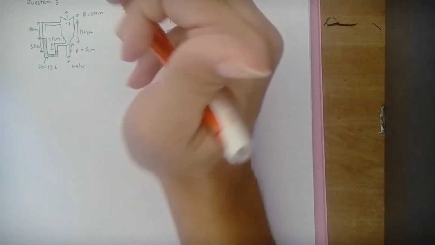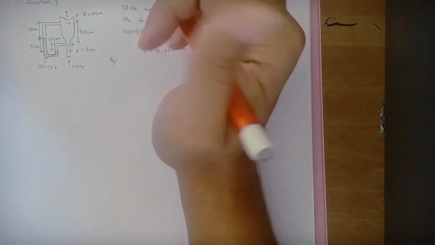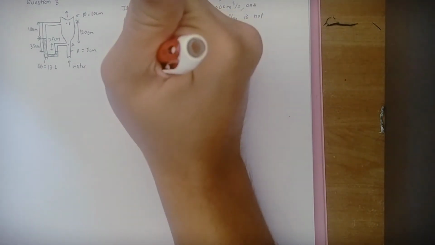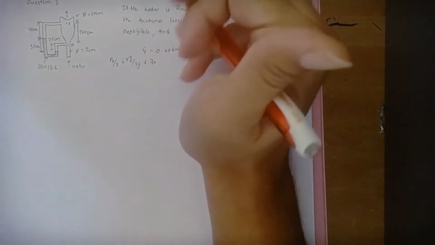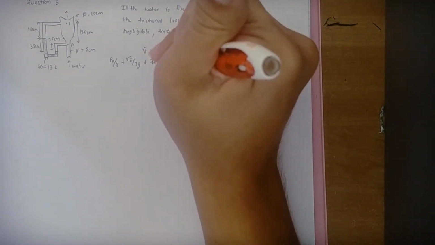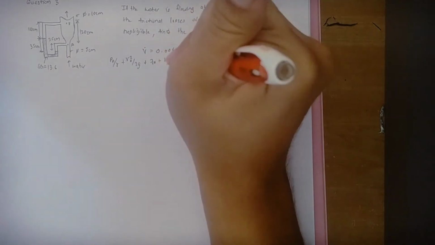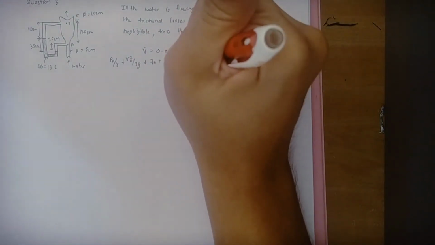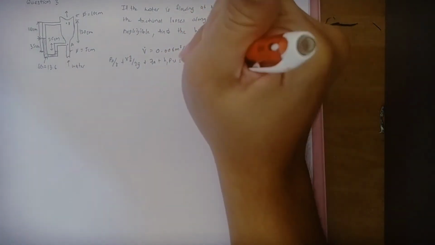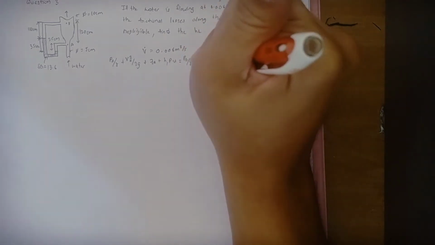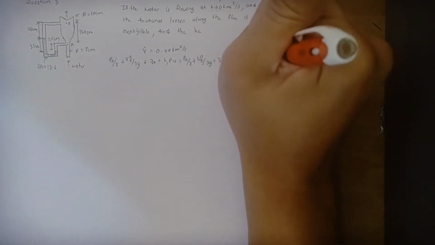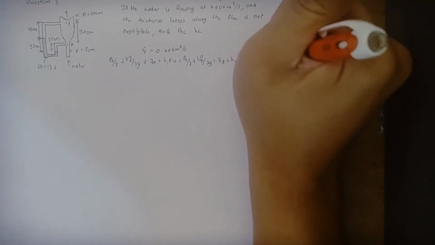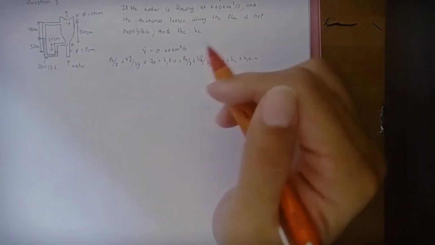And then write down the Bernoulli equation, with VA and ZA. And cut down all the unused information.